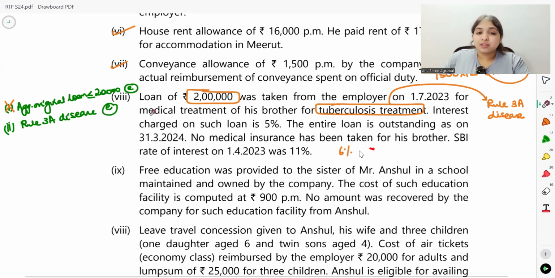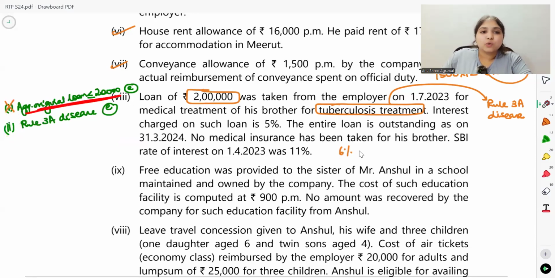So therefore, over here, if you see, yes, assessee is getting a benefit. Market rate is 11%, but employer is charging only 5%. So 6% concession assessee is getting a benefit. But however, it is for medical treatment of Rule 3A disease, therefore it's going to be fully exempt. See, both points don't have to be fulfilled. Any one point.